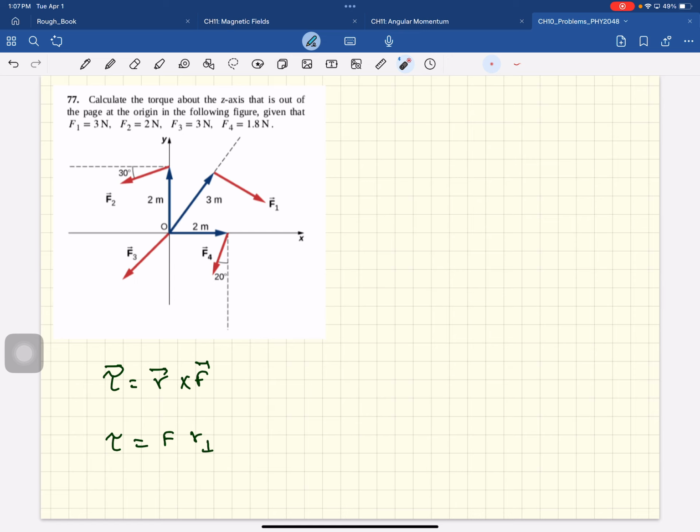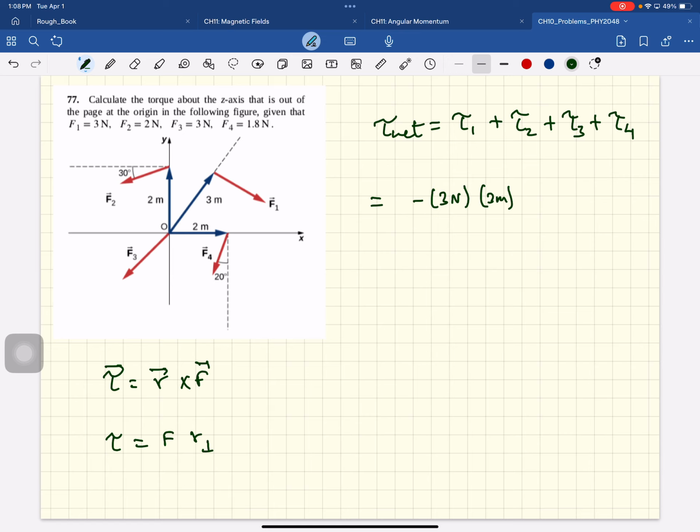All right, so the net torque is the torque due to force 1 plus torque due to force 2 plus torque due to force 3 plus torque due to force 4. This is a clockwise rotation, so that's a negative torque. And F1 is 3 newtons, 3 meters. For F2, again, it's this component of the force. That component of the force gives you 0 torque.